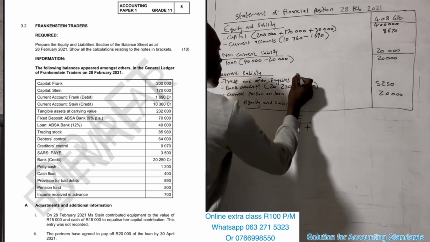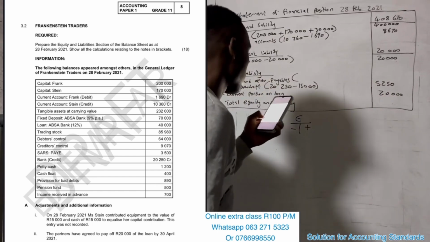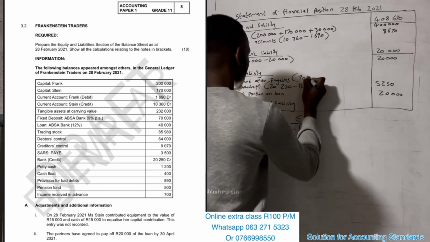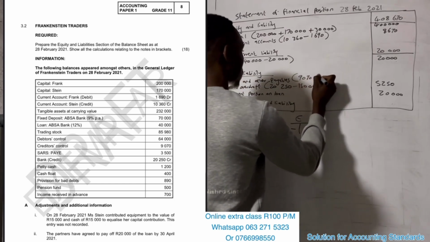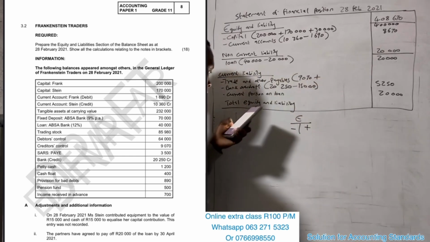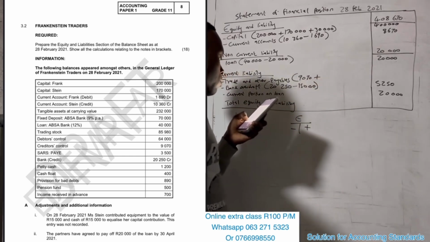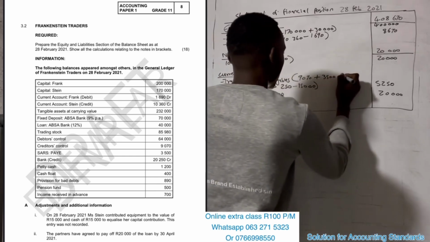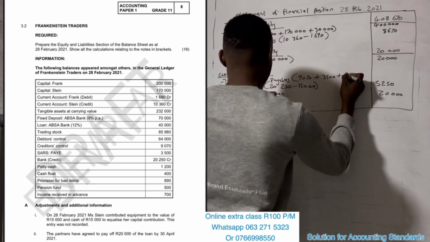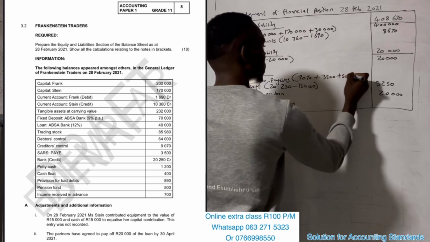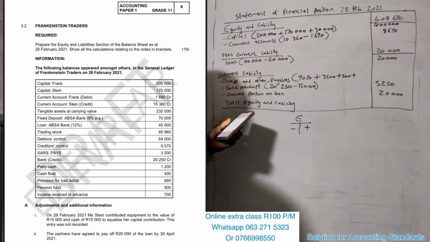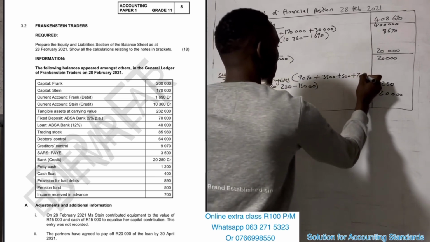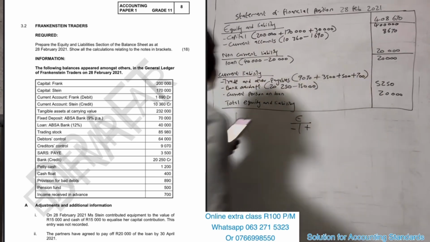Trade and other payables. That's where we are going to open a bracket and start with creditors control of 9,070, and we add it with SARS of 3,500. We also have to add pension fund of 500, and we also have to add income received in advance, because they all fall under trade and other payables.